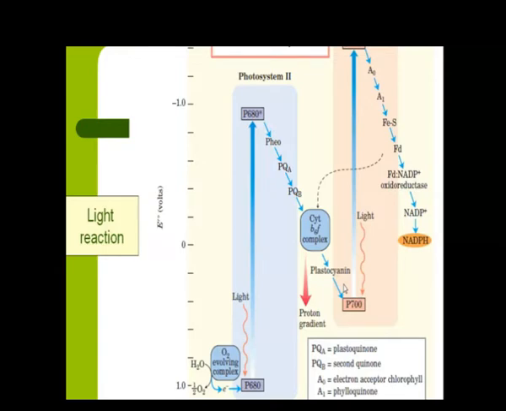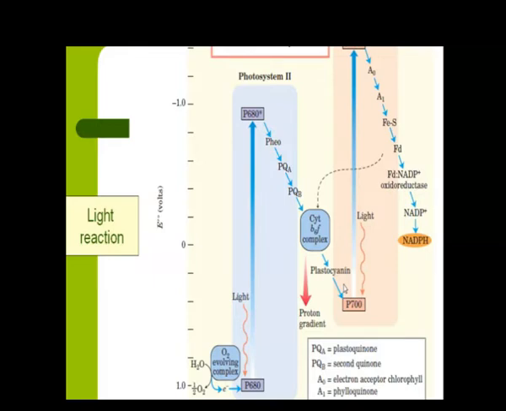In cyclic, P680 never participates. It's only P700. P700 gets excited, goes to ferredoxin. It does not form NADPH. Ferredoxin gives the electrons to cytochrome B6F, plastocyanin, and P700 gets its electrons back. Because the starting point of the electron is the same as the end point, the process is called a cyclic process.